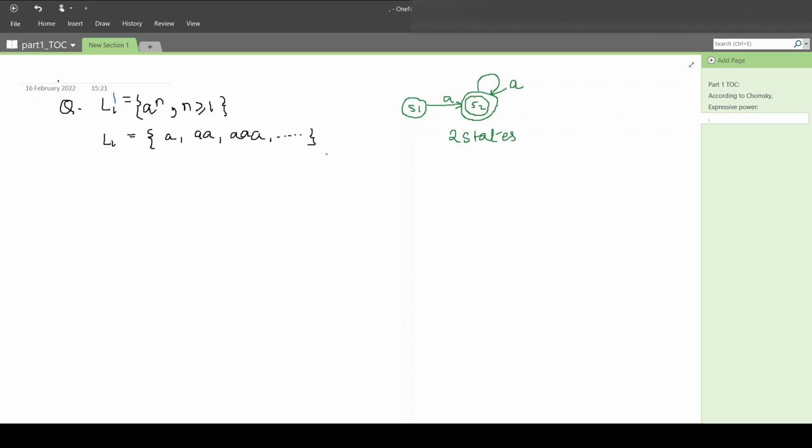Next, language 2, which says a to the power n, b to the power n, n greater than or equal to 1.